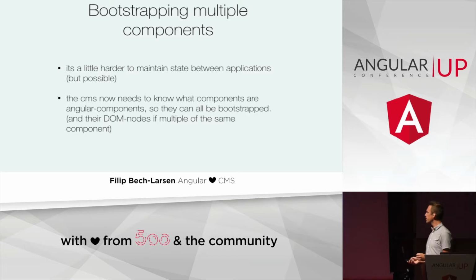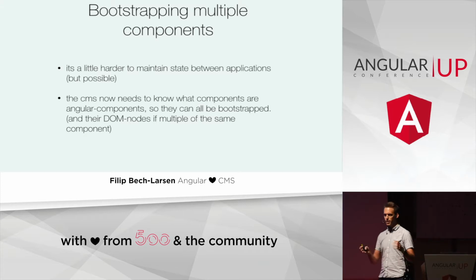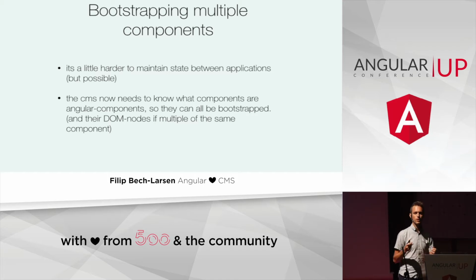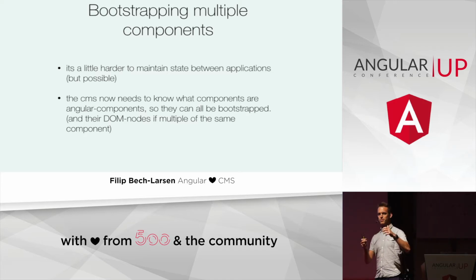It's a little harder because we need to maintain some kind of state of what stuff in the CMS is actually an Angular component, so we can keep a list of what components to bootstrap. And if there are 2 galleries on the same page, we need to tell Angular what div holds what instance of what component, and it becomes a little more complex.